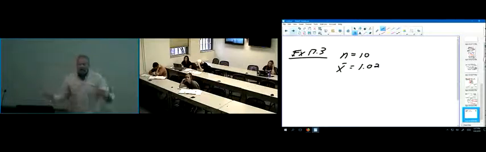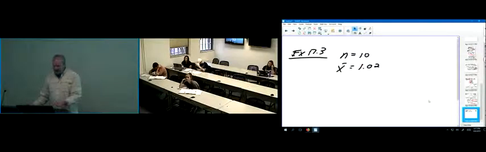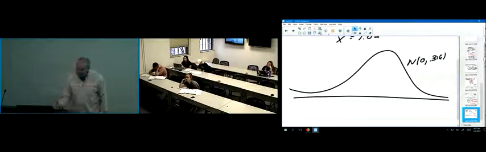Okay? Everything is exactly the same. The only thing that's changed is you got a different x bar. You have the same sampling distribution centered at the same spot with the same standard deviation.